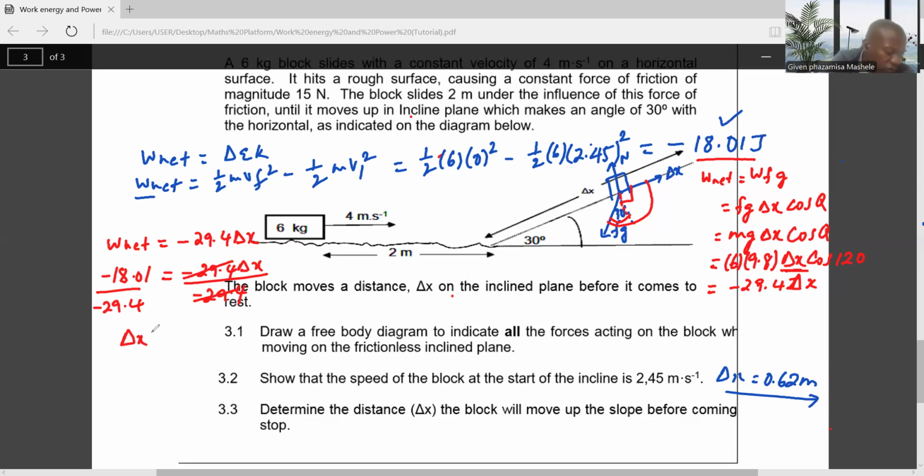So now, 18.01 divided by 29.4. Then this will give us roughly 0.61.